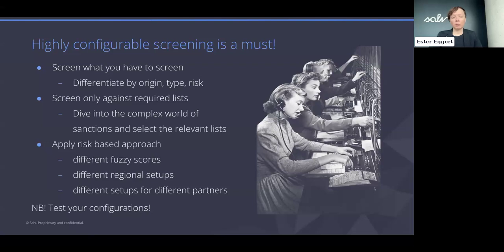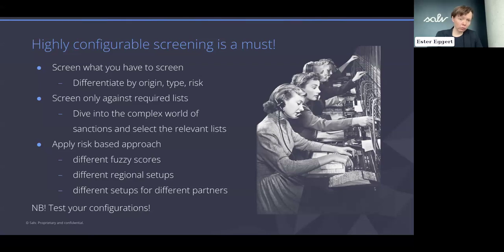Because first of all, it generates costs for you, it makes you slow to move, and in the end, if you think about the value of configurability as such, and we will bring more examples here in a moment, the end value is that all configuration, in addition to driving your risk appetites, should also drive your efficiency. And it does. If you configure your engine properly, you can reduce your workloads by a lot.